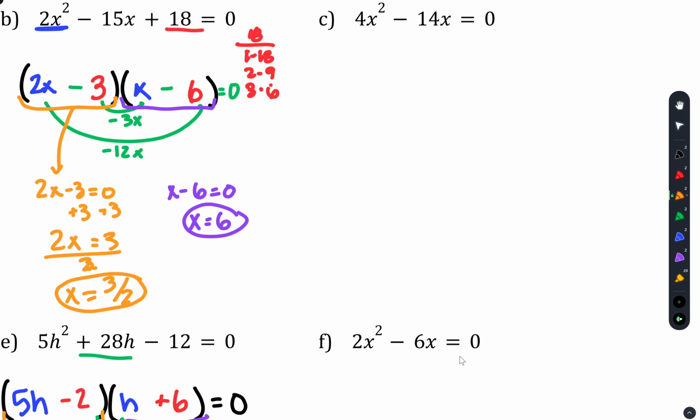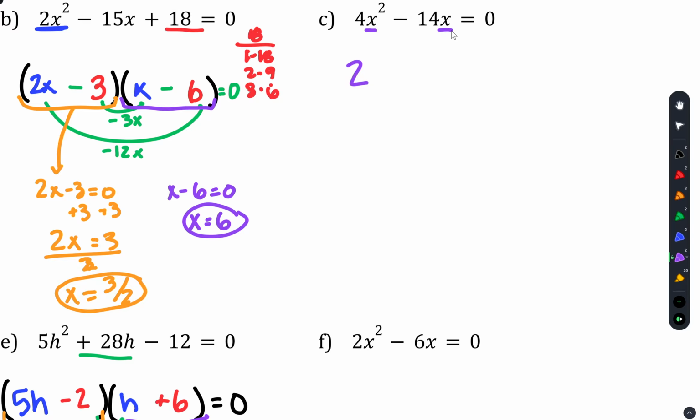No, you add the solution. Is it plus 0? What do I always check for first? GCF. What's the GCF in letter C? 2. Not just a 2. 2x. It's 2x.